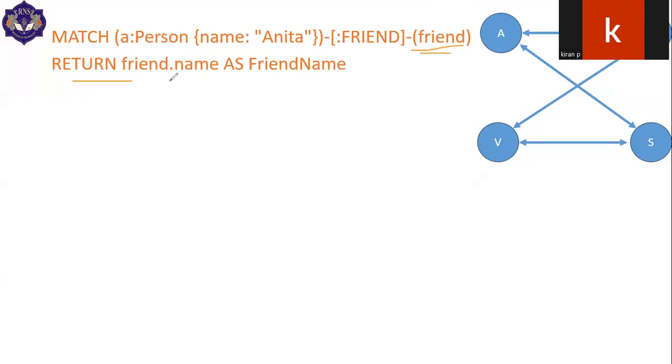From there, I am retrieving the name fields, because this will give me all the nodes, and from the node, you want the name, a key value pair. So retrieve all of them, and once again I'm using a renaming operator, and the resultant will be saved as friend name. So you can observe the resultant. This is the resultant that you get.